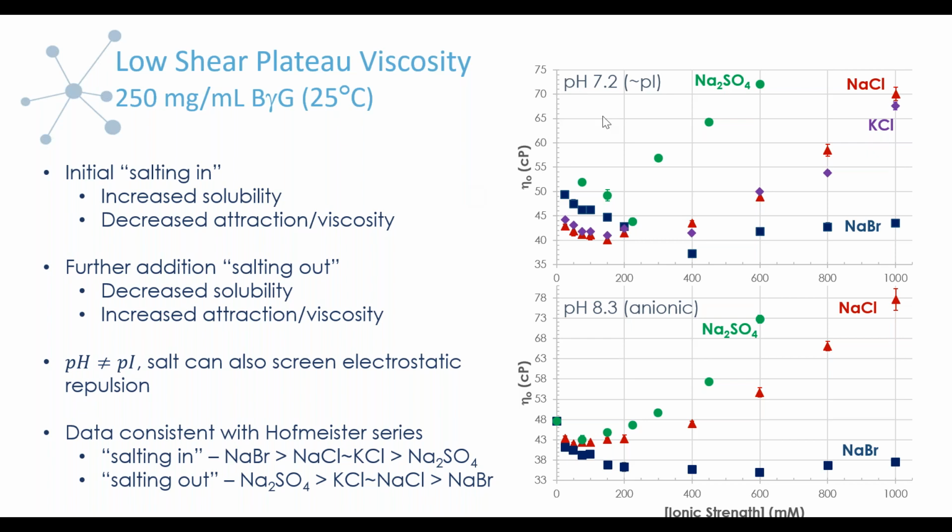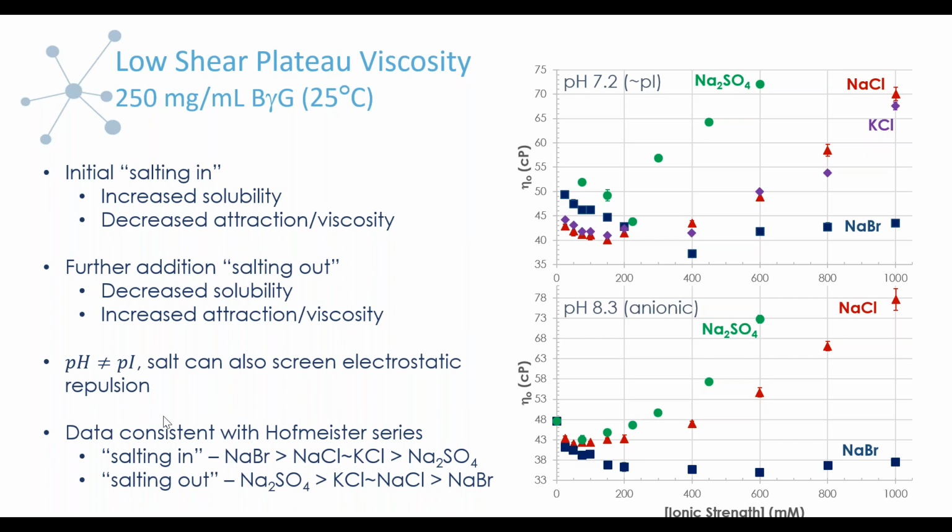And so what we see for each of the pHs, whether it's neutral or anionically charged, is that the same trend is there. On the next slide, we'll focus in a little more on one of the salts and how pH causes things to shift.